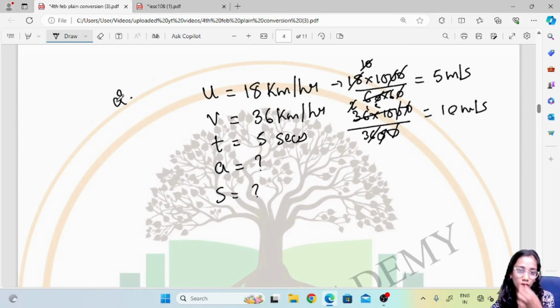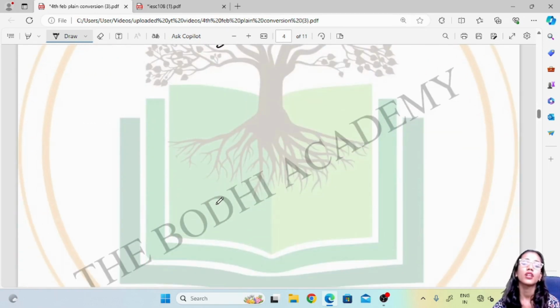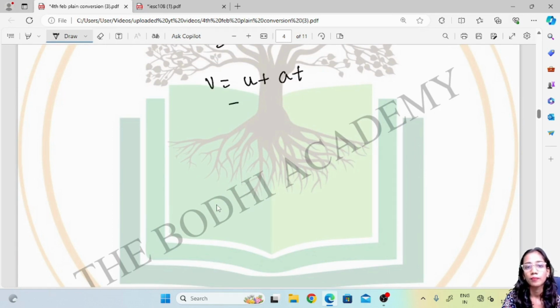So first we have v, we have u, we have t. We have to find a. So we are using the same formula, that is v equals u plus at. v we know it is 10 meter per second, u is 5 meter per second, a we have to find, and t is 5. So this is 10 equals 5 plus 5a.